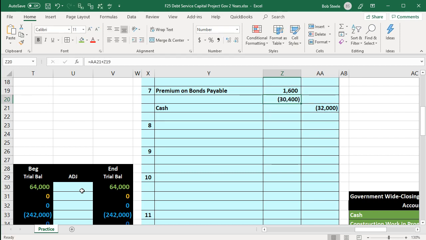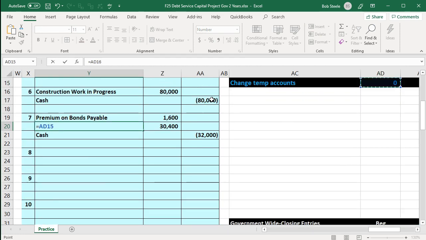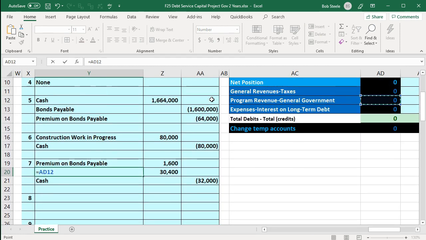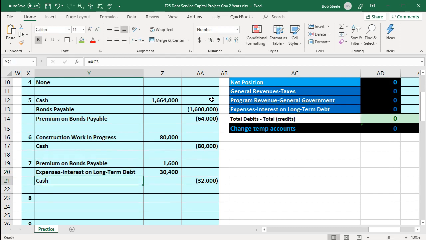That's what we need, but I want it to be a debit. So I'm going to double click on it. I'm going to put a negative in front of it and brackets around it to just flip the sign to make that a negative. So the 30,400 plus the 1,600 equals the 32,000, and therefore we're good to go. We're in balance. Everything looks good. That's going to go to the interest expense. So that's going to be expense, long-term debt for the interest. So this is kind of our normal type of transaction when we pay the semi-annual interest on the bond.